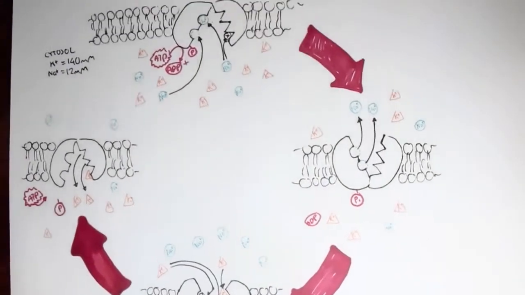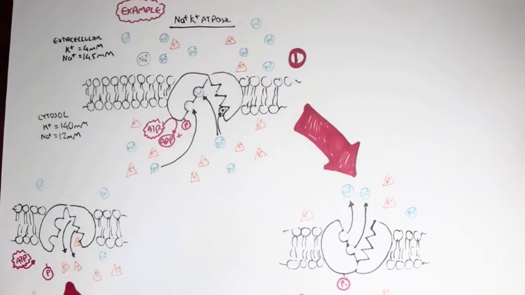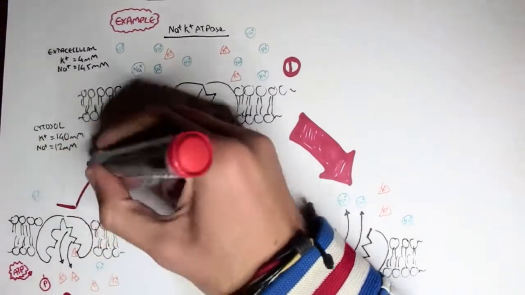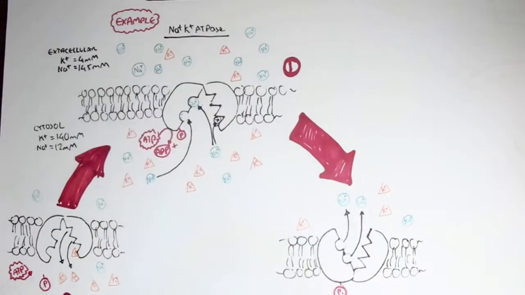ATP can be used once again, and this process can continue. So two sodium ions get pumped against their concentration gradient to the outside of the cell, and 3 potassium ions get pumped back inside the cell against their concentration gradient. So 2 sodiums out, 3 potassiums in.